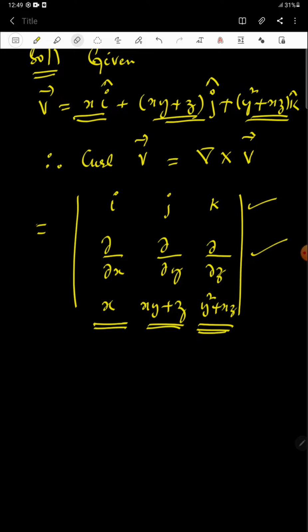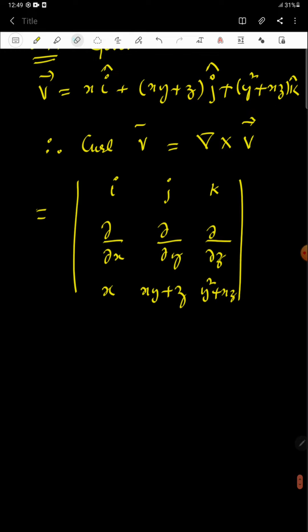Now we need to just calculate this determinant. i times dou by dou y of this one, that will be 2y, minus dou by dou z of this one, so it will be minus 1.